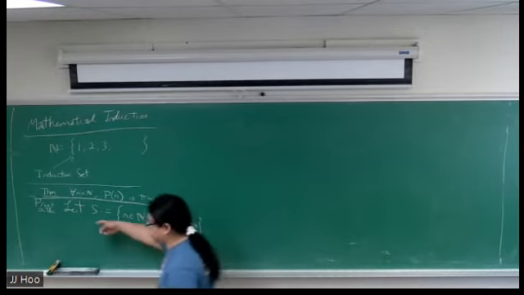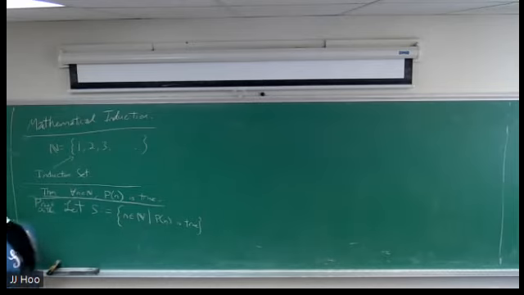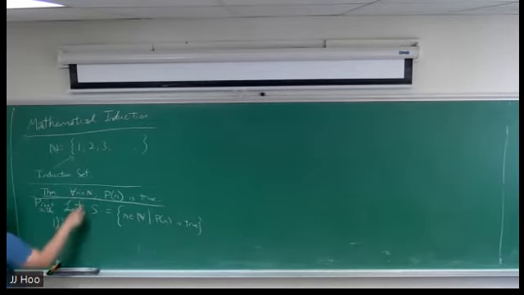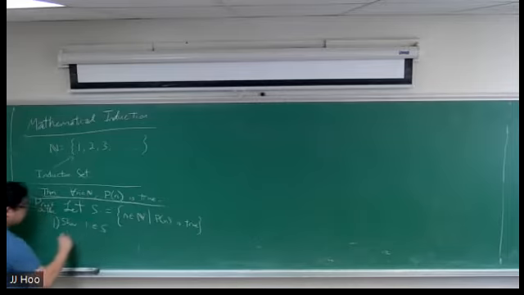So we'll create the set S, and let that just be the set of all indexes where this is true. Now, step one: if we're showing this for all natural numbers, show that 1 is in S. What does this mean?